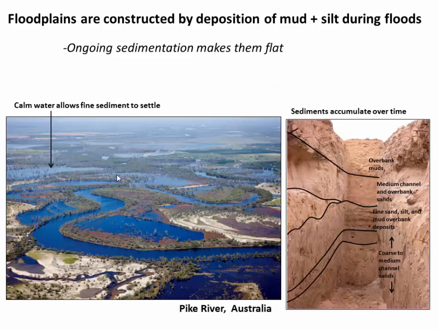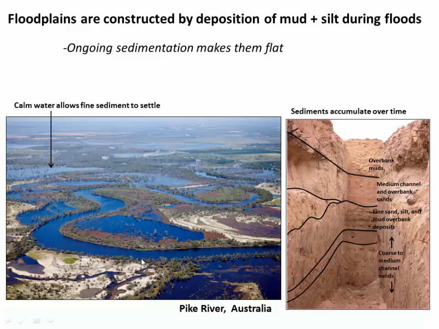So how are floodplains built and how do they evolve over time? Well, the main way that they're built is actually by sedimentation. So that would be the settling out of fine silts and clays from floodwaters, which are relatively stagnant once they go over bank.